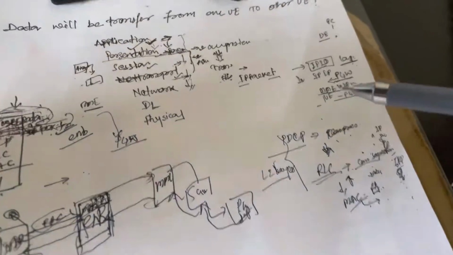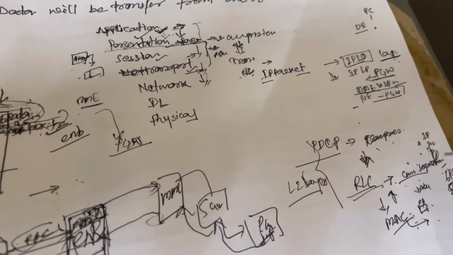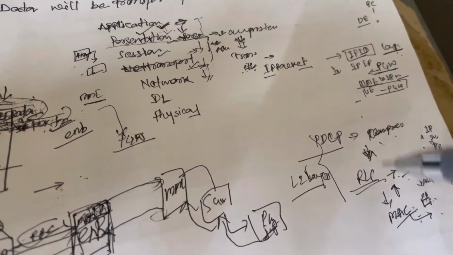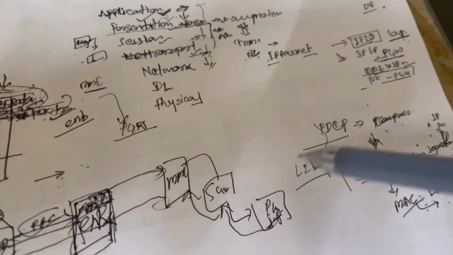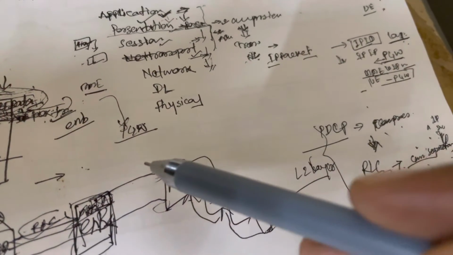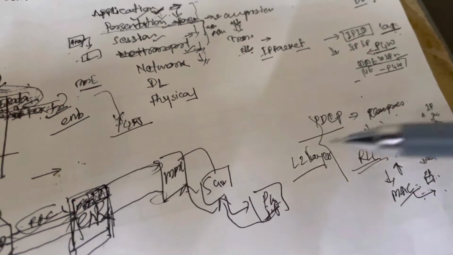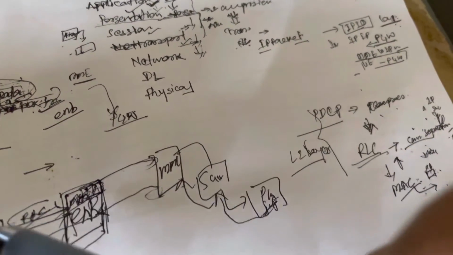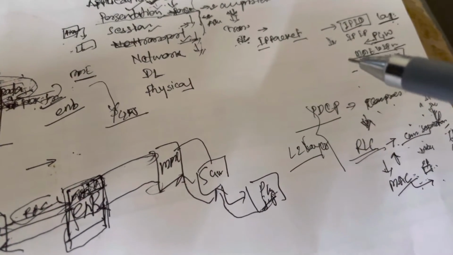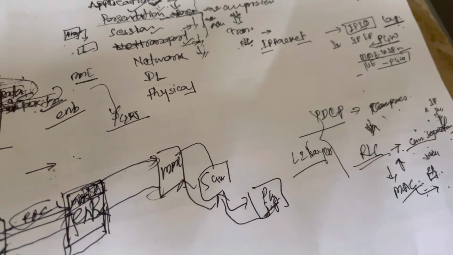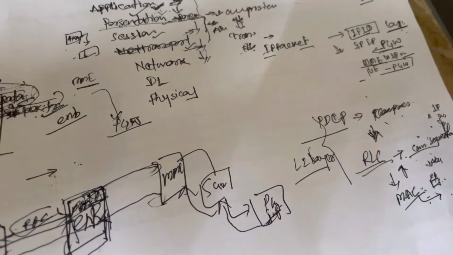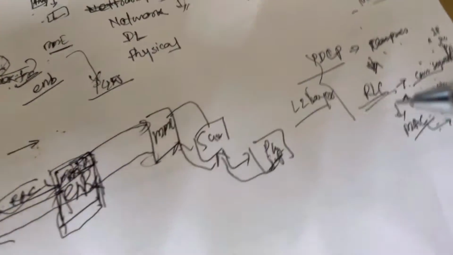perform the attach procedure. Once the attach procedure happens, then at the time of the attach procedure, the P gateway will generate an IP packet for the UE, right? And in this procedure, all types of security and other functionality will happen.